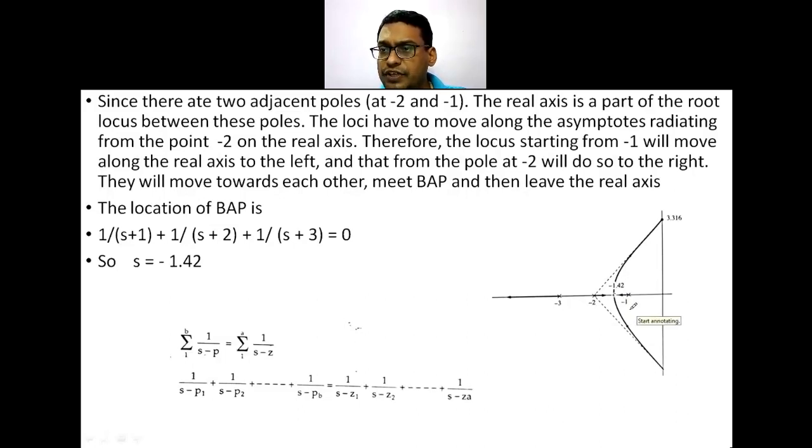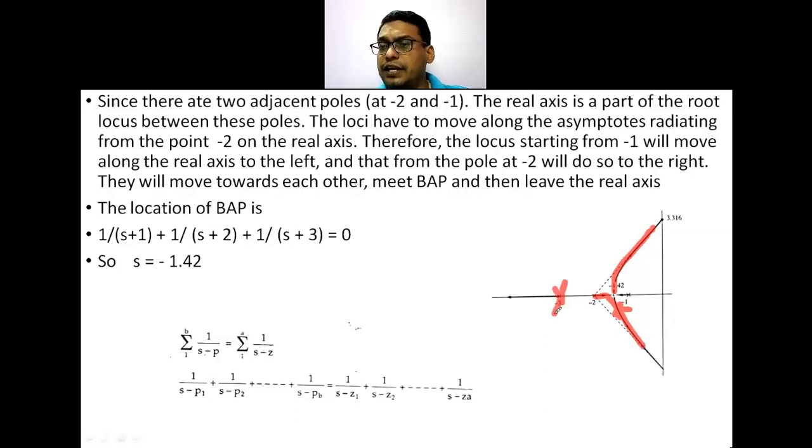From there it will follow an asymptotic line. Similarly, from the pole -2, it will move towards -1.42 and follow another asymptotic line.